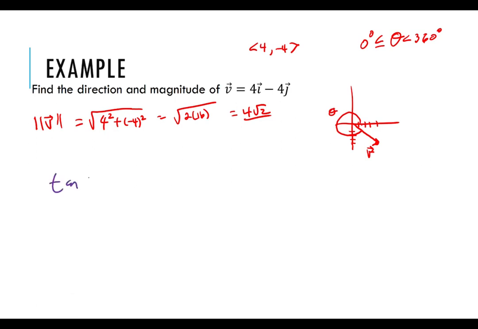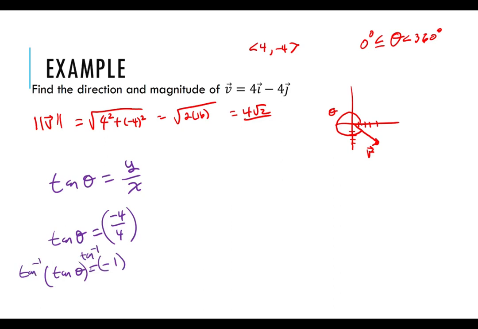Well, I recall that tangent of theta is equal to y divided by x, and so that's going to be tangent of theta is equal to negative 4 divided by 4, and so that is tangent of theta is equal to negative 1. But then I'm going to take tan inverse of both sides, and when I take tan inverse of negative 1, I get that theta is equal to tan inverse of negative 1, which via the range restrictions for tangent inverse gives me negative 45 degrees.